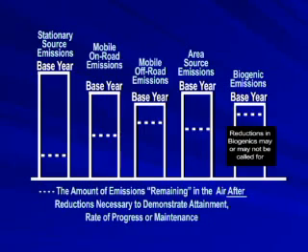So this, and I'm circling the amount of on-road mobile emissions allowed to stay in the air after you've produced the reductions in emissions to demonstrate attainment, maintenance, or rate of progress. That's a mobile budget.